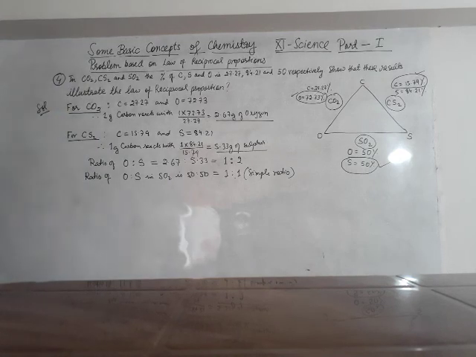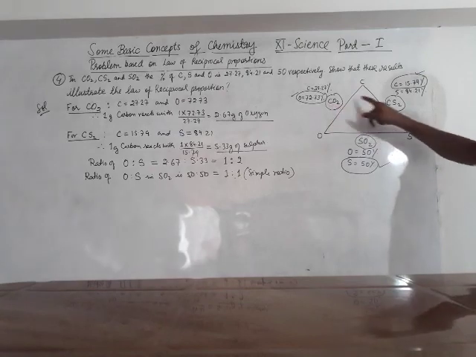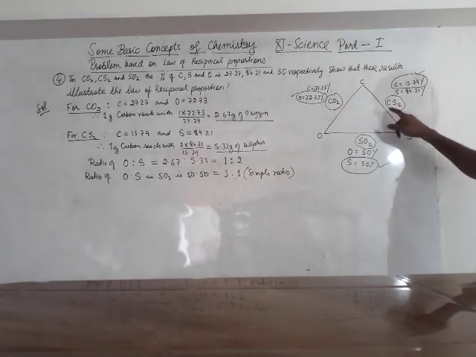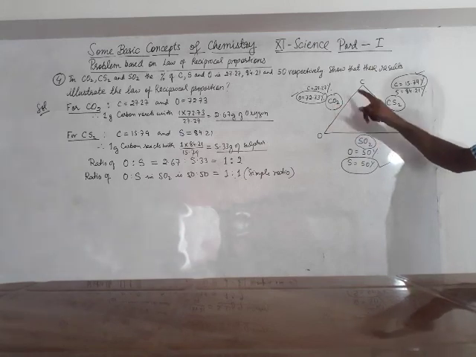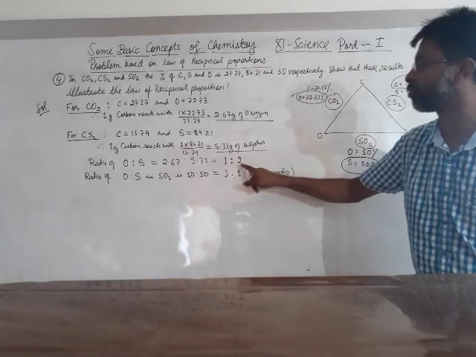So now this was a problem based on the law of reciprocal proportion. As I have already stated the law in the very beginning, according to the law of reciprocal proportion, if two elements A and B combine in the same ratio of masses, or in a simple multiple ratio of masses, in which they separately combine with a fixed mass of the third element C. So here in carbon dioxide and carbon disulfide, the ratio in which oxygen combines with carbon and the ratio in which sulfur combines with carbon, we have got 1 to 2.